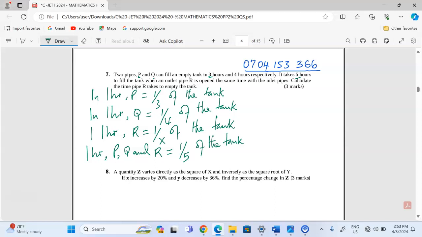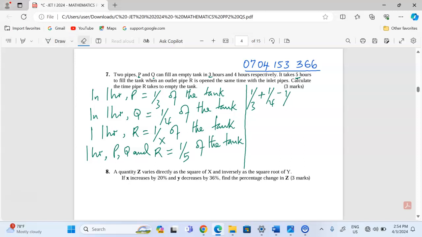So now we can talk about 1 out of 3 plus 1 out of 4. Now we're going to have a negative of the other fraction. Actually, instead of having 1 over x, we can let the fraction be x because it's unknown. When we subtract the fraction which is being emptied in an hour, we can let it be x instead of 1 over x.